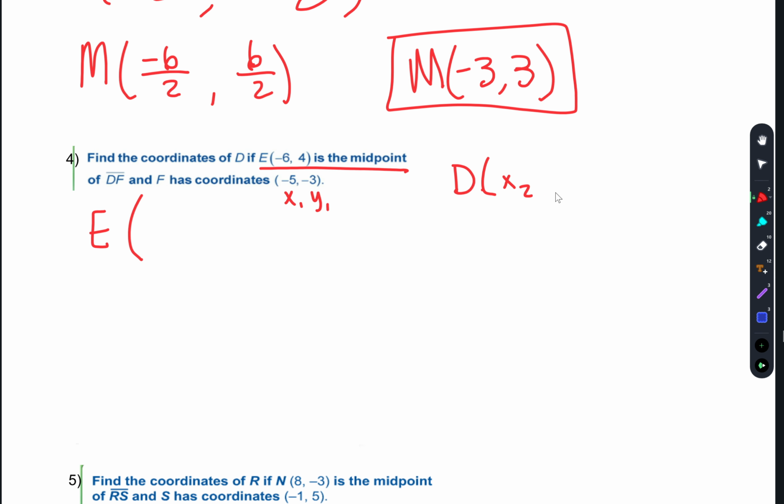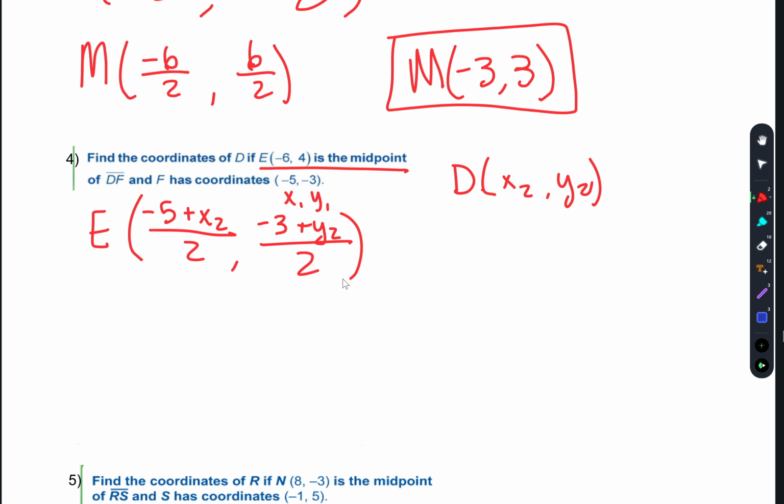So that X2 and Y2 is just going to be left exactly like that as X2 and Y2. So let's fill in the blanks here. The average of the X values, X1 is -5, X2 we don't know, all over 2. The average of my Y values, Y1 is -3, Y2 we don't know, all over 2.